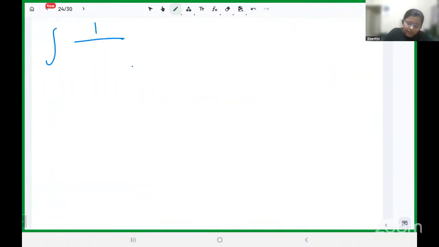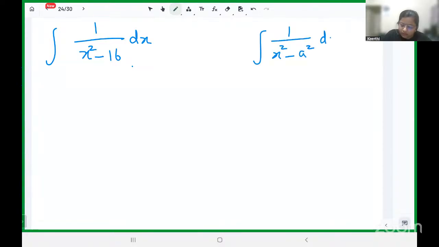Integral 1 by x square minus 16 dx. Okay, so can you convert this into any result that we have studied now? Can we write this one as integral 1 by x square minus a square? We know the result for this one, isn't it?